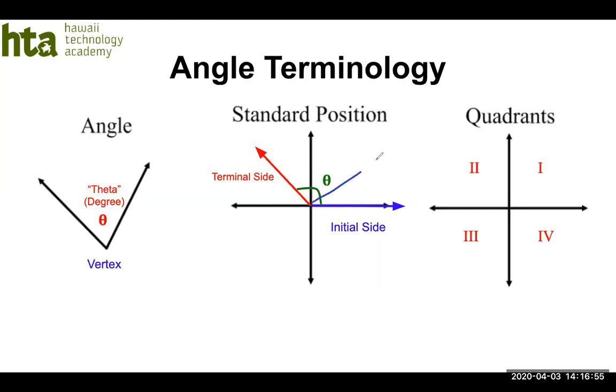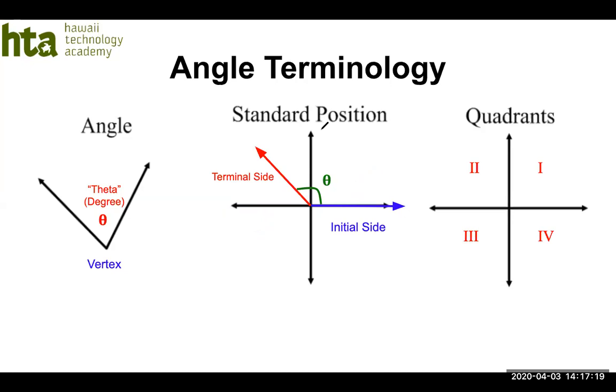So we could have a terminal side here, we could have a terminal side here, we could have a terminal side here, we can even have a terminal side on the axes, okay? So just know that the terminal side is in conjunction with the initial side to create the angle on the coordinate plane. And standard position is when the initial side is on the positive part of the x-axis.